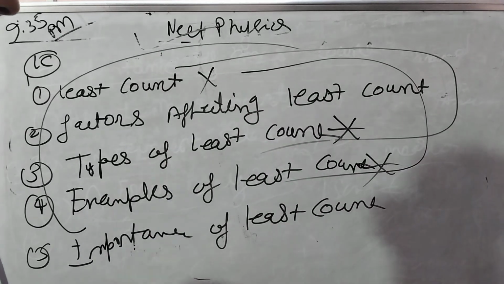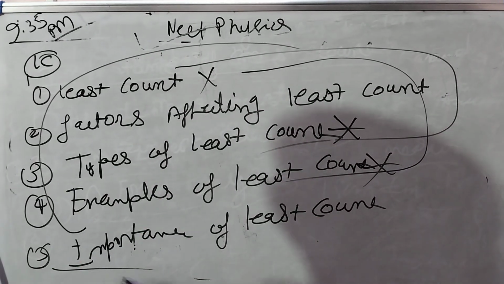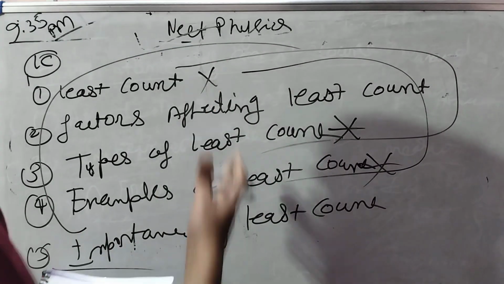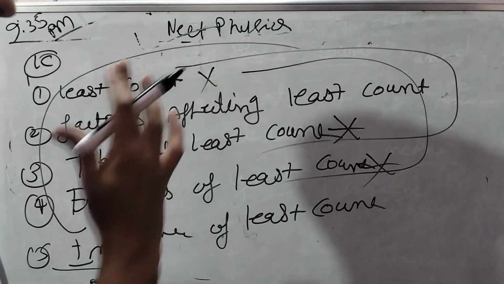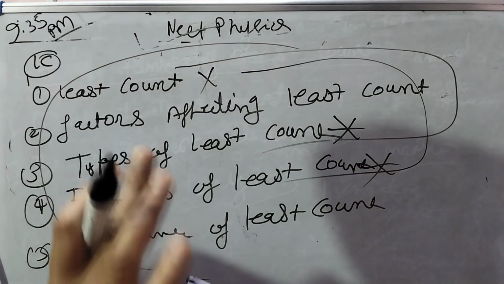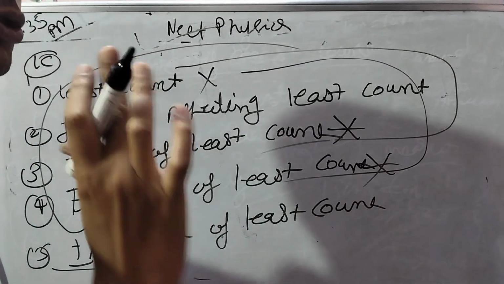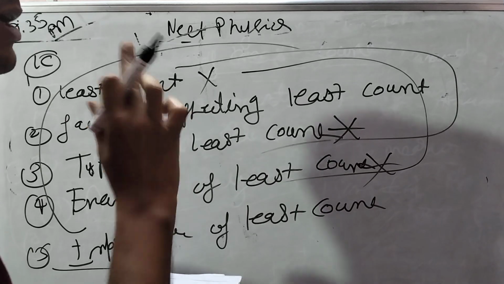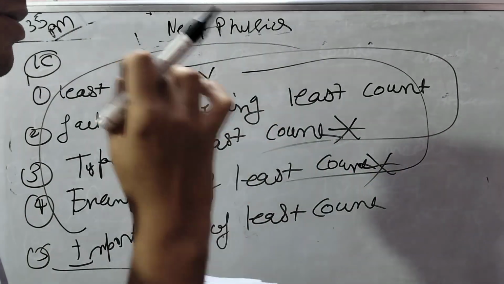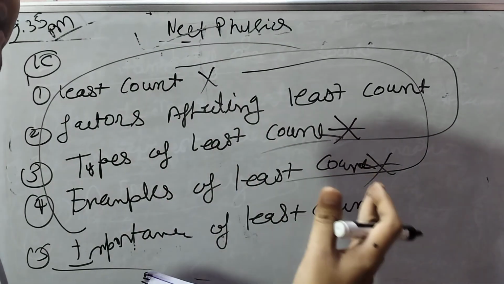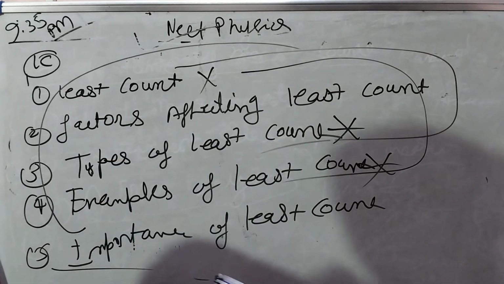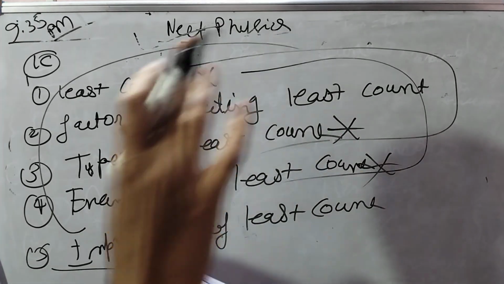In the next class we will discuss significant figures. It is a very simple topic, but it is there in NEET. In the NEET question paper there is one question on least count. If unit 1 is selected in paper setting, then the least count topic is confirmed to be discussed, on JEE or NEET.